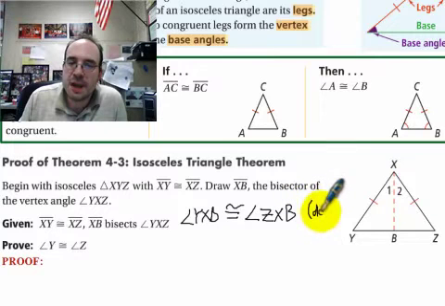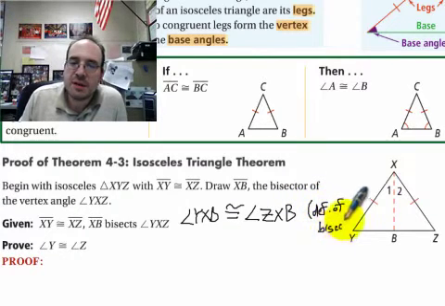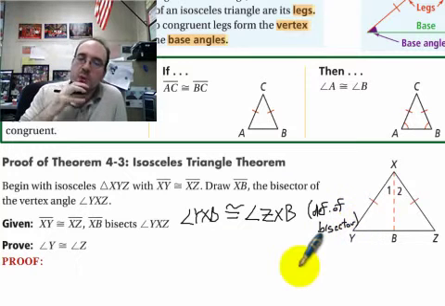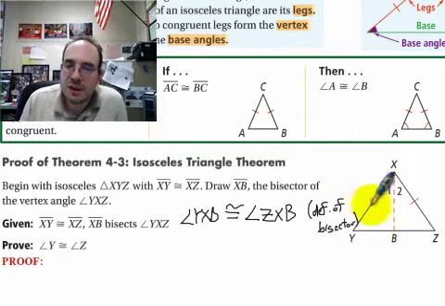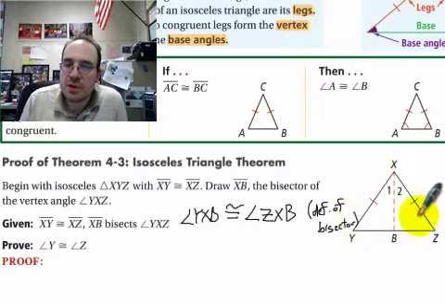So definition of bisector, and I'm not writing this one as a 2-column proof. I'm just going to do it really informally here. Okay, so this large angle is bisected by this line, so it means the smaller angles are equal.